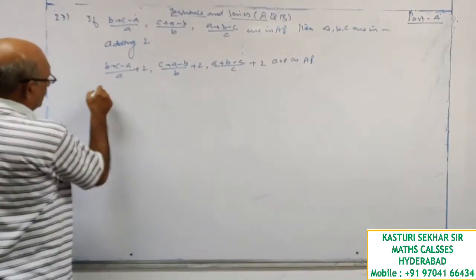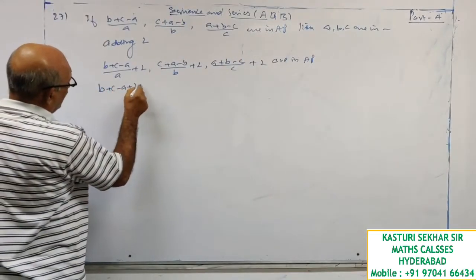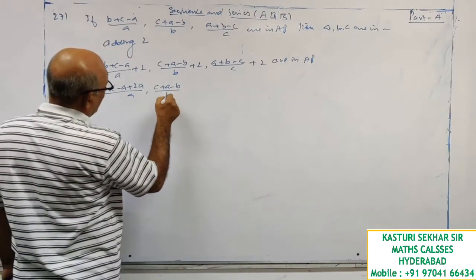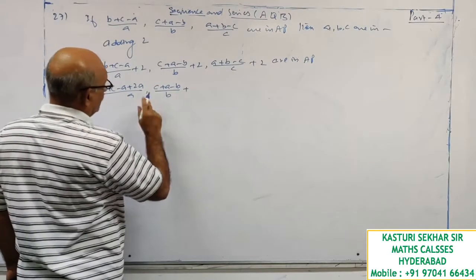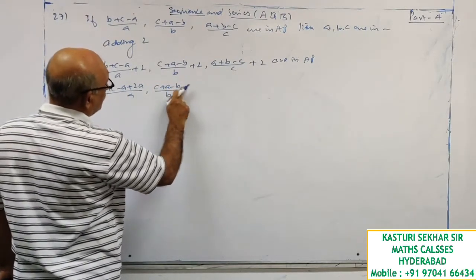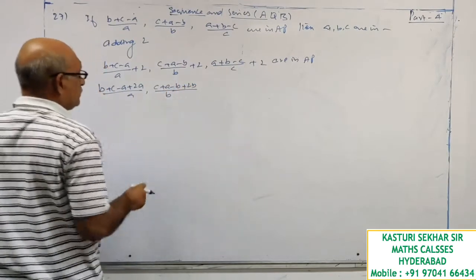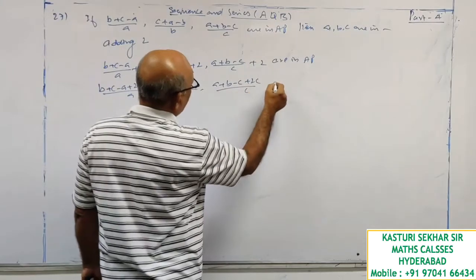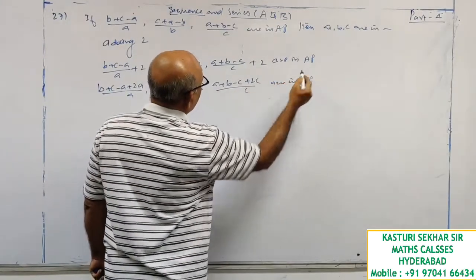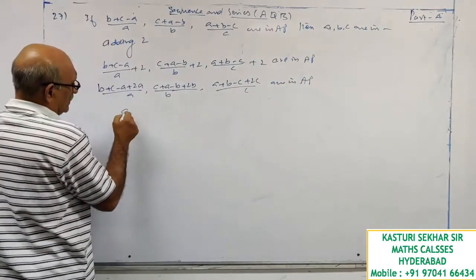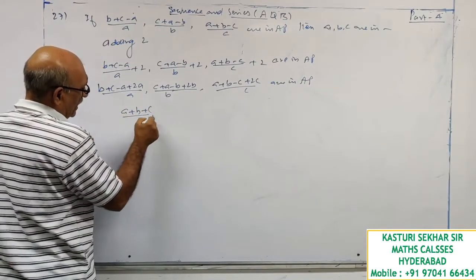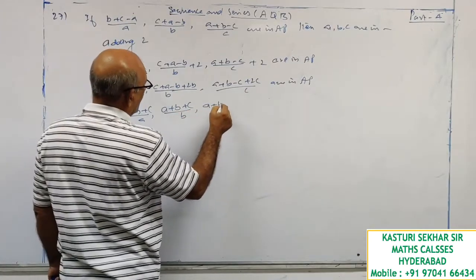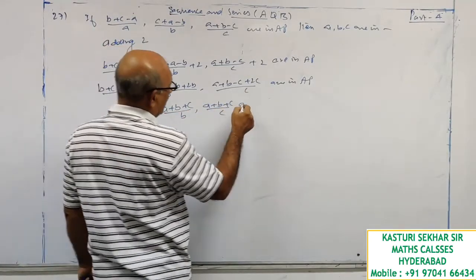Take LCM. (b+c-a+2a)/a, (c+a-b+2b)/b, (a+b-c+2c)/c are in AP. So this is (a+b+c)/a, (a+b+c)/b, (a+b+c)/c are in AP.